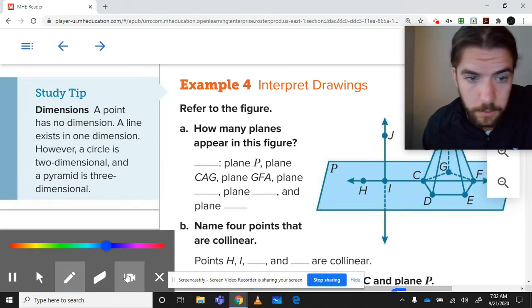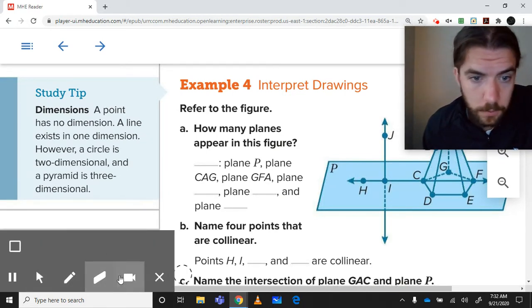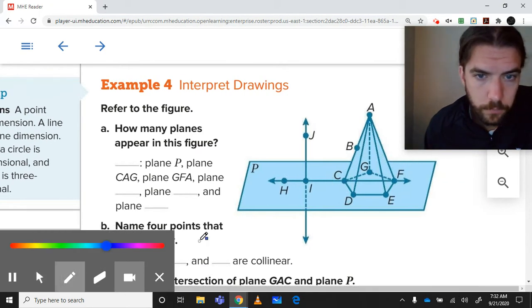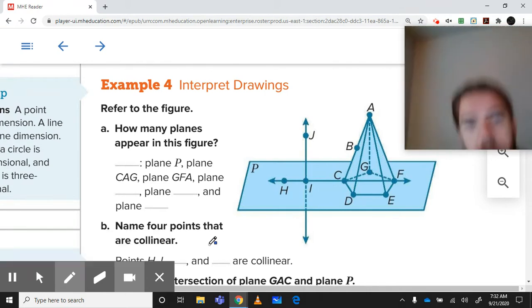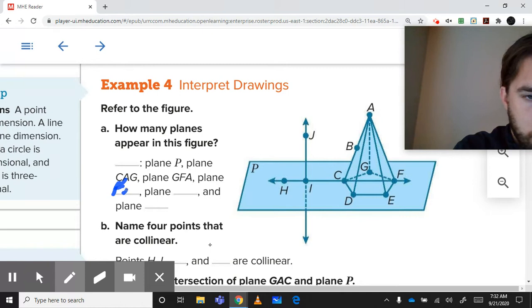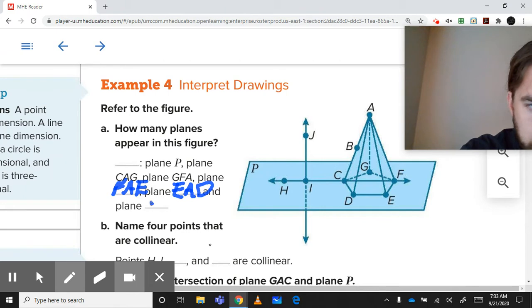So to say that again, that would be points FAE, EAD, and DAC. Now remember the order of those three letters doesn't matter. I could have said ACD, CDA, whatever I want.